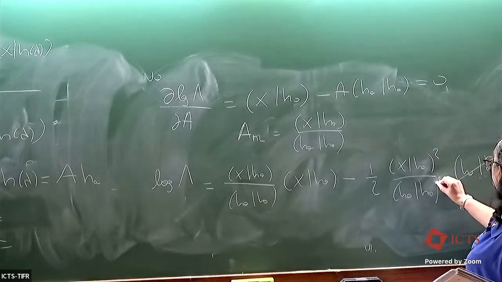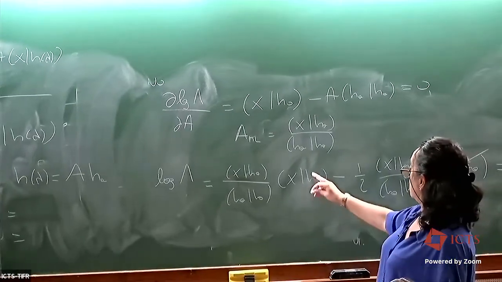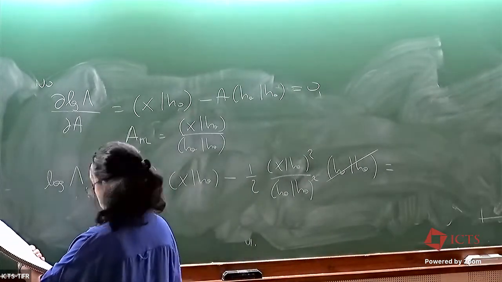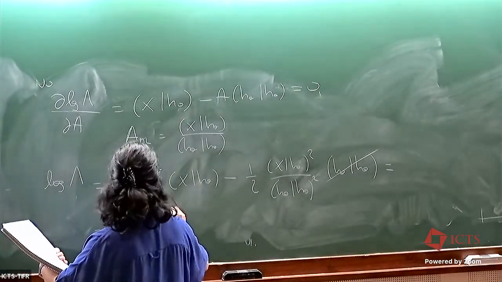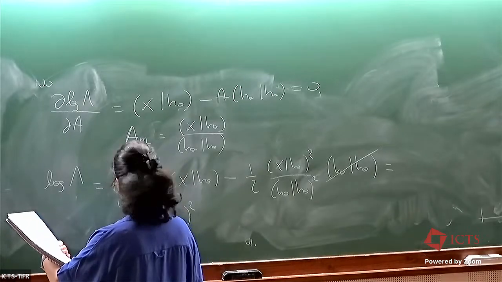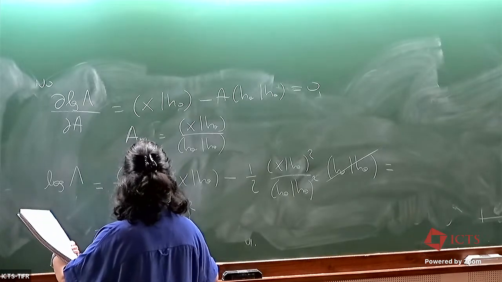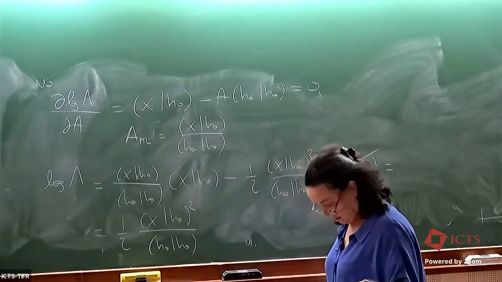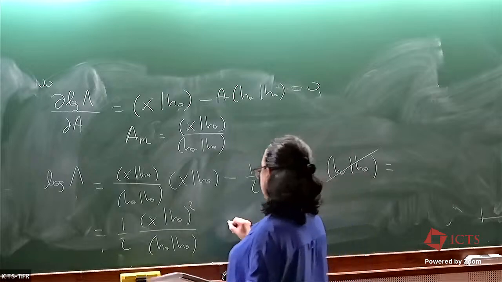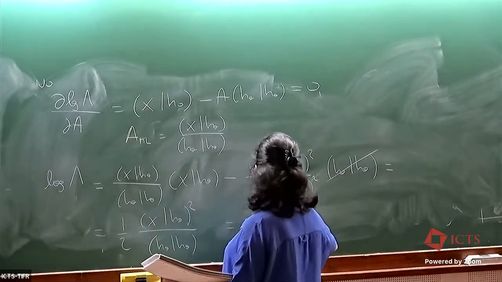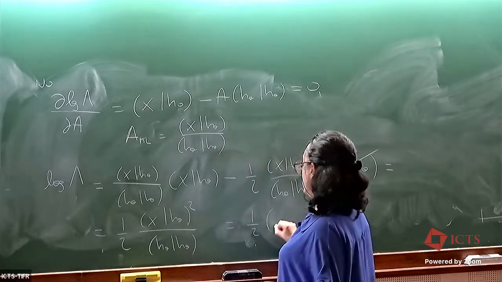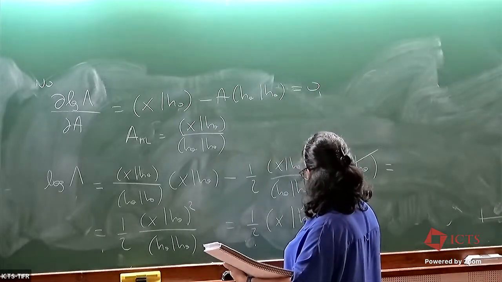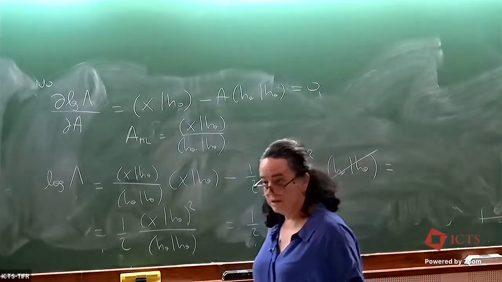One of these goes with one of these. And this is nothing else than 1/2 x with h squared over h with h. Or if you prefer, I can rewrite it as 1/2 of the h's normalized.